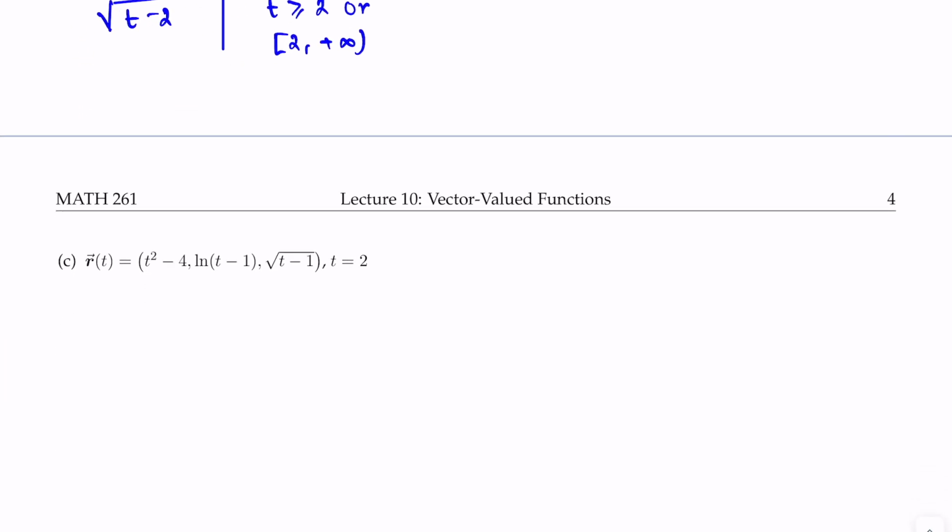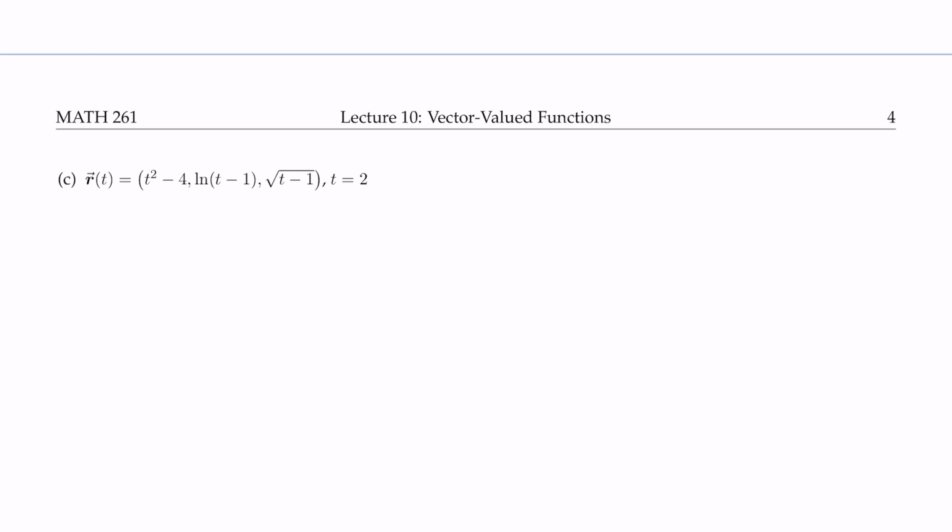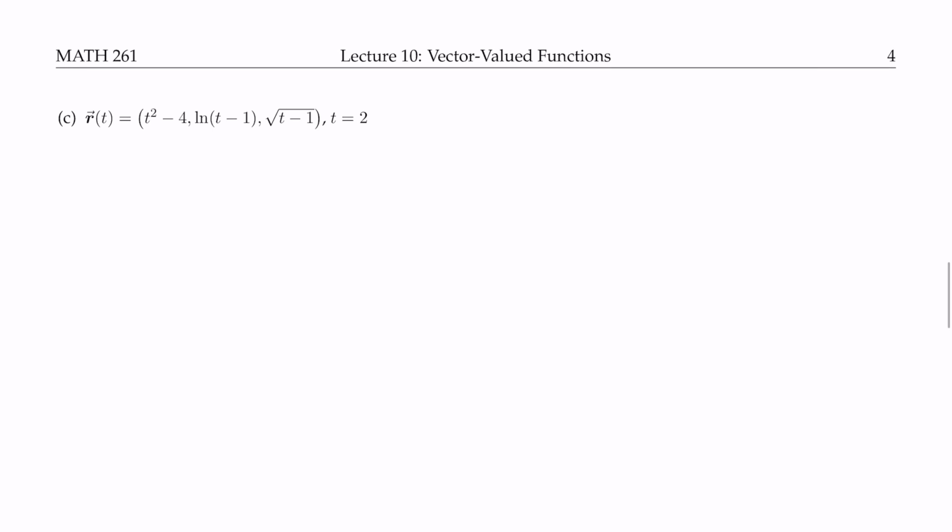In the next example, you have the function of the form t squared minus 4, comma ln of t minus 1, comma square root of t minus 1, and you want to evaluate the vector valued function at t equals 2. So let's go ahead and do that. Here you have r of 2 is equal to 2 squared minus 4, comma ln of 2 minus 1, comma square root of 2 minus 1.